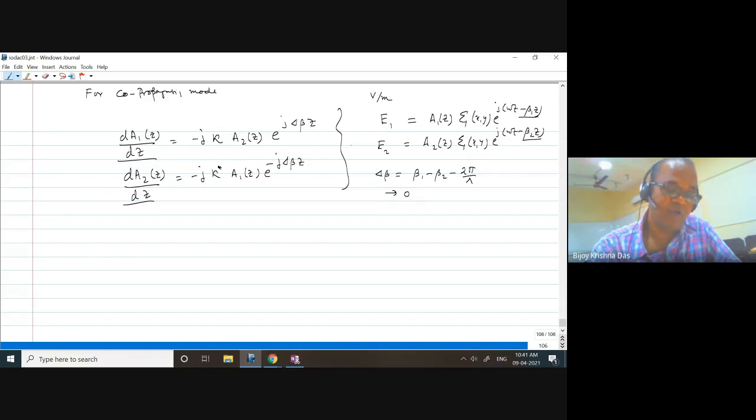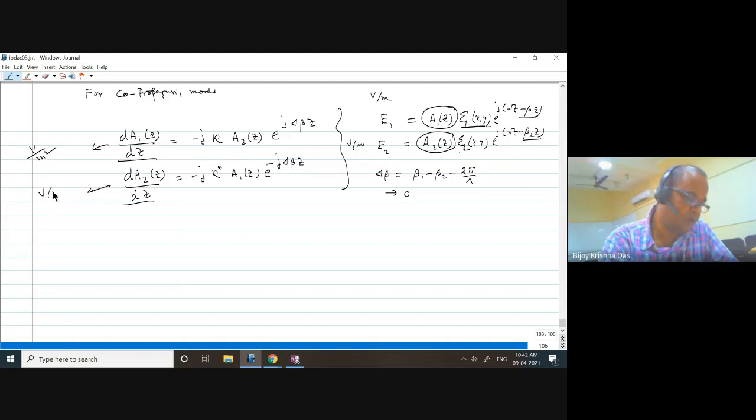If this profile E1, E2 xy is just dimensionless, then the dimension of A1 and A2 z is volt per meter. Since there is again a per meter, the dimension of this is volt per meter square. The dimension of the left hand side is volt per meter square. You should keep in mind because it is a differentiation.